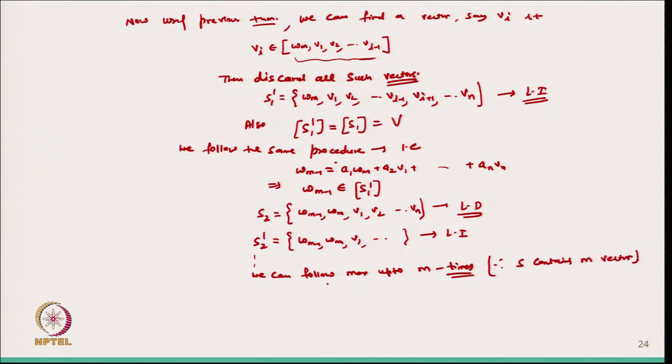So, I can follow this only m times, and definitely the W i's cannot be removed, because the W i's are linearly independent, only the V i's will be removed. So, that should be there, that we can only remove the V i's, and cannot remove the W i's.